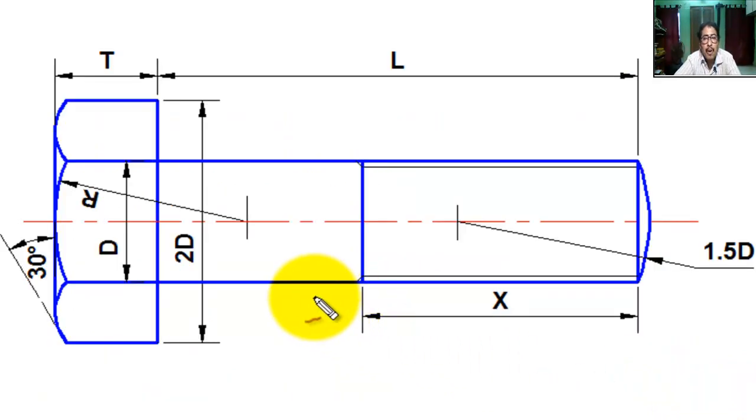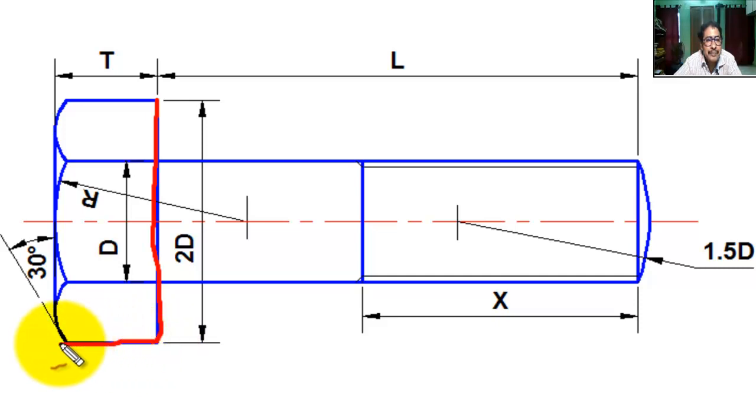Now how to draw front view and side view of the hexagonal headed bolt. First we draw front view. First we draw a rectangle. This is 2D, D equal to 40 millimeter, 2D equal to 80 millimeter.